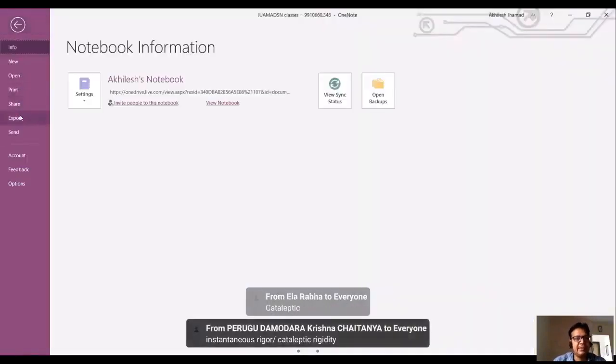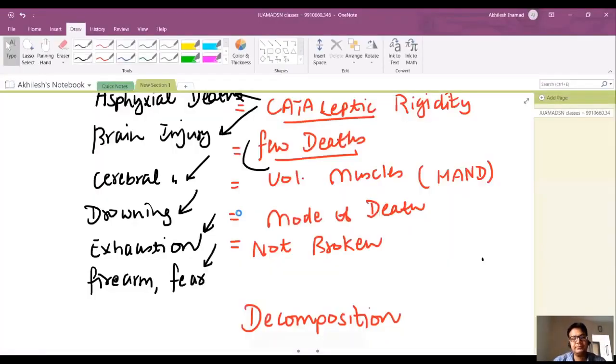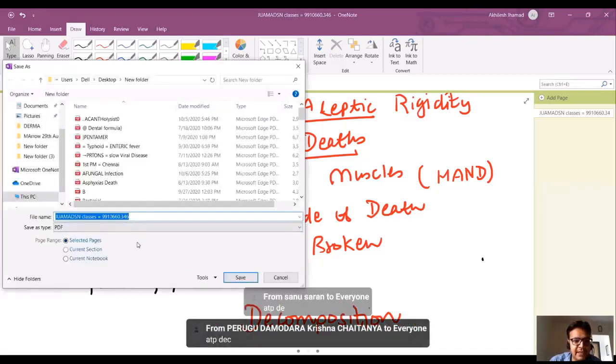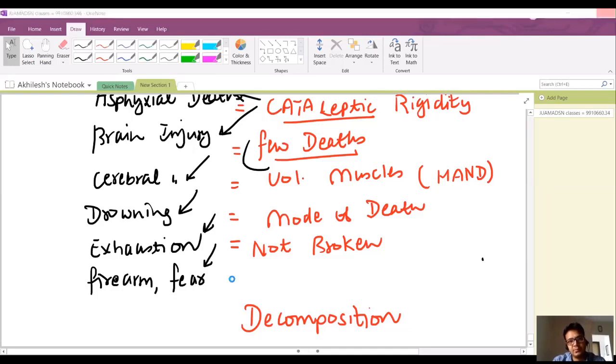Now, what is the mechanism of cadaveric spasm? It is ATP depletion.